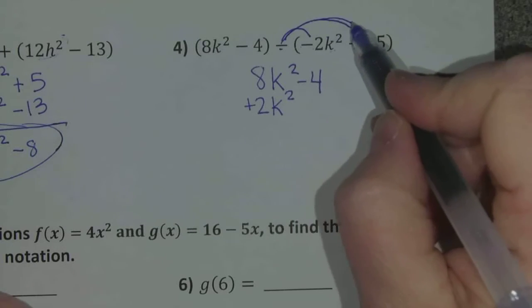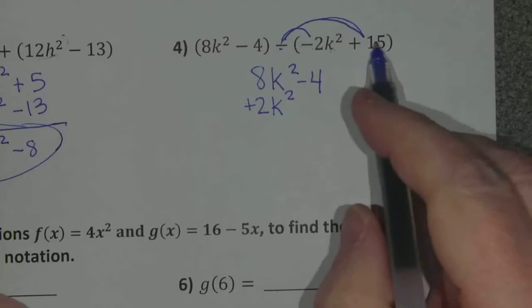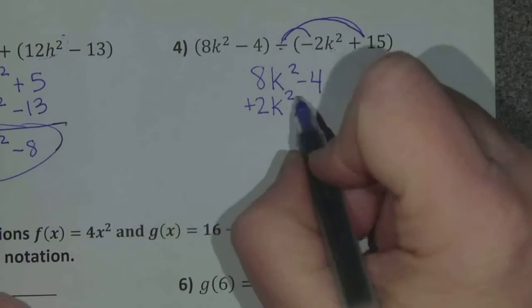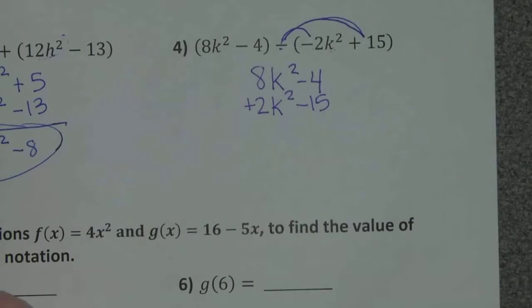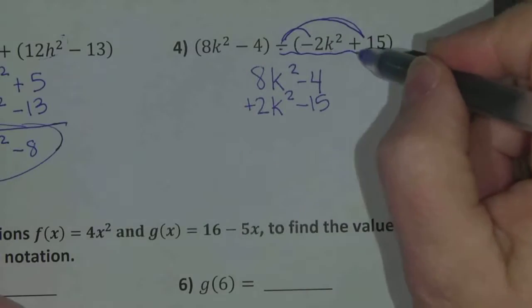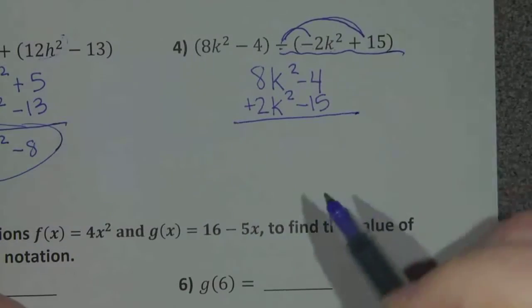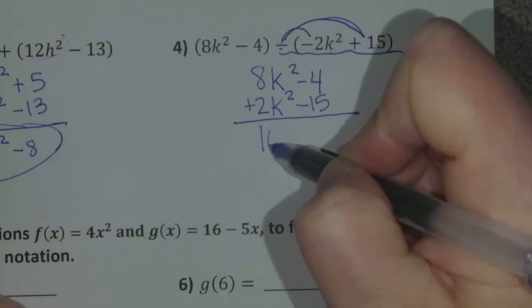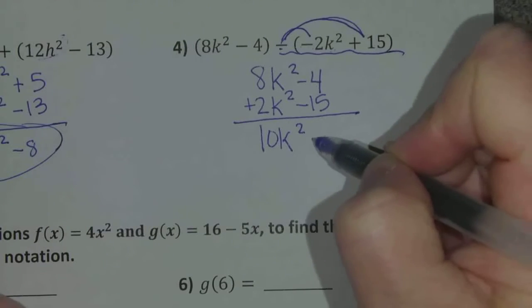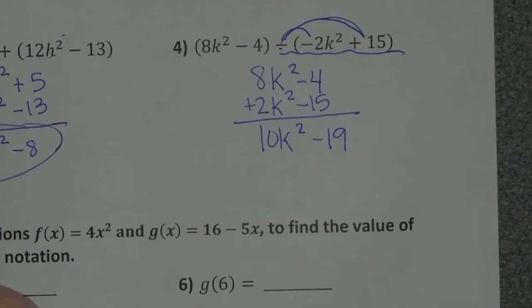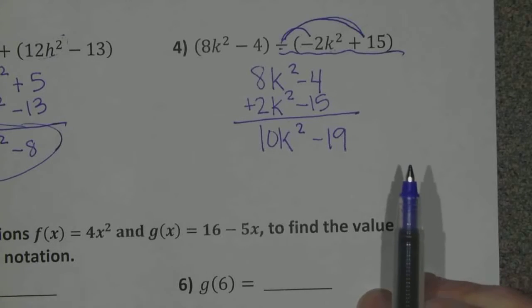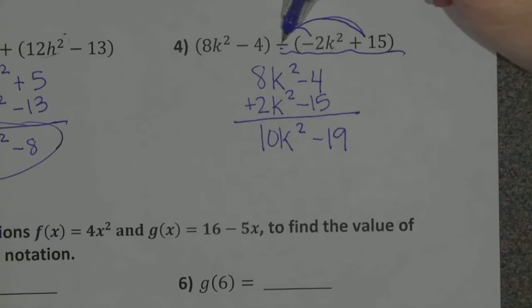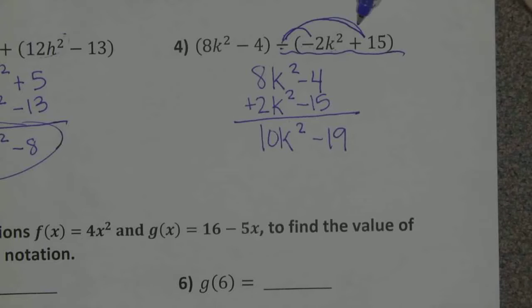And then here I'd have a negative 15, because the negative and the positive make a negative. So I changed the signs on this whole second part right here. Then when I write it, I can add it straight down. I get 10k squared minus 19 for my solution. So anytime you have a subtraction, that subtraction has to change the sign on everything that's behind it.